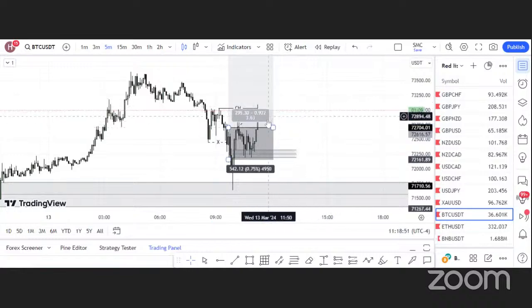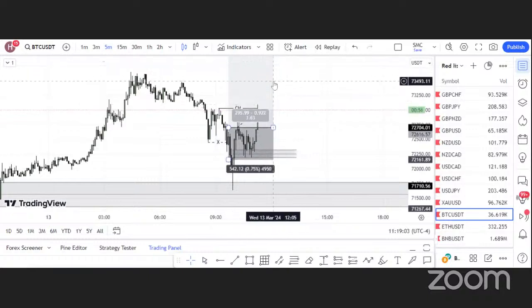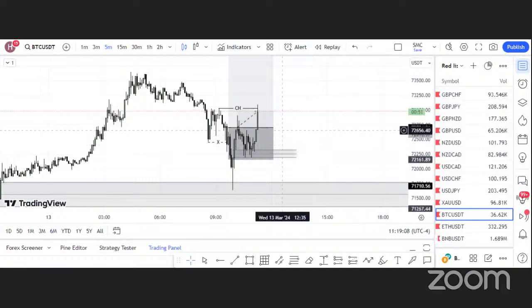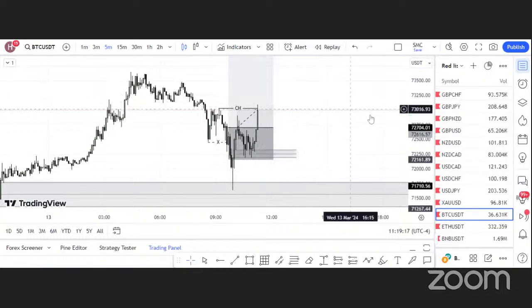So I want this market to go above this level. In fact, I want it to close with a body above this level. That way, I'll be confident that the market will keep heading to the upside. At the end of this candle, I would know if the market is reversing or if it's going to continue to go up.